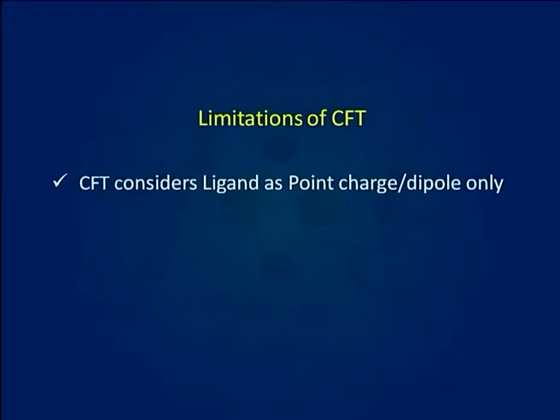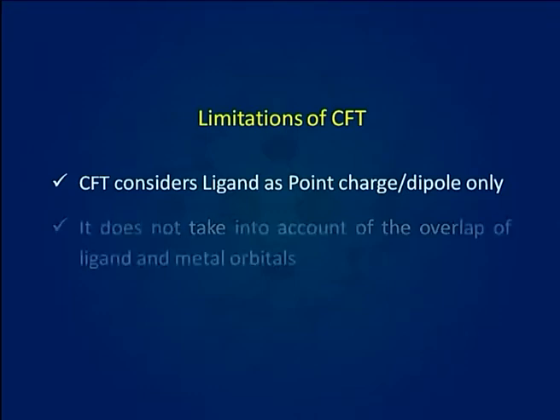Note that the crystal field model does not explain the bonding in coordination complexes. It describes only behavior that can be attributed to electrons on the transition metal atom in the coordination complexes. Crystal field theory has some limitations also. Crystal field theory considers the ligand as a point charge or dipole only.